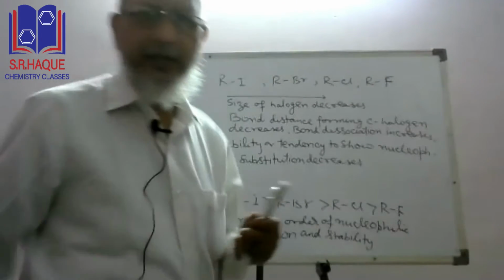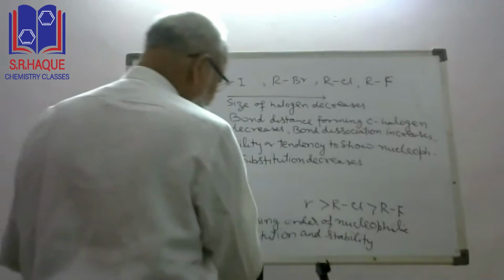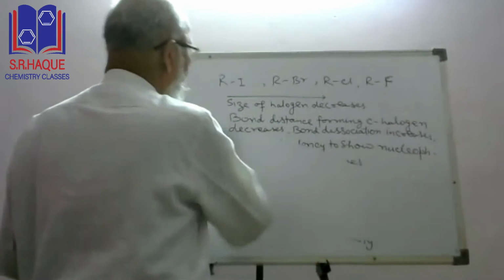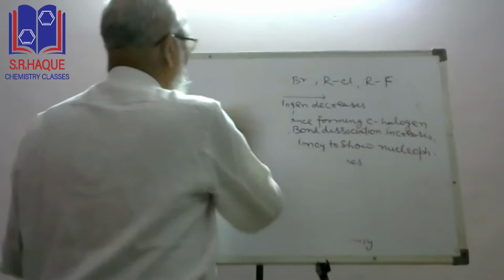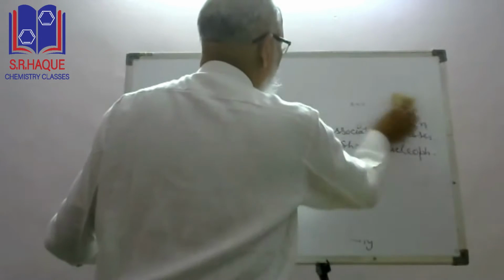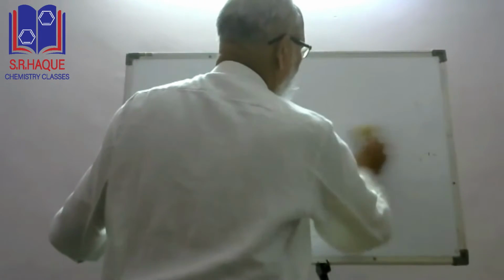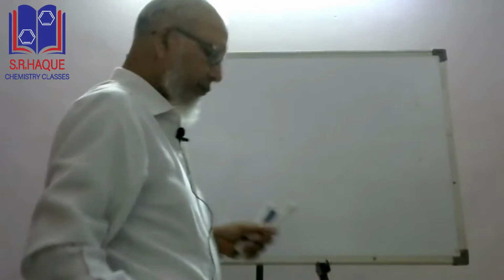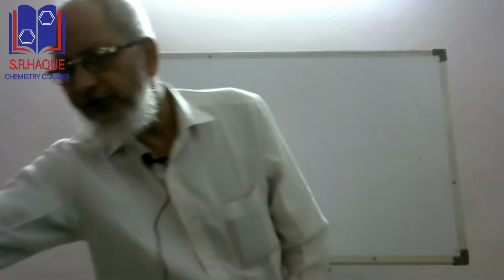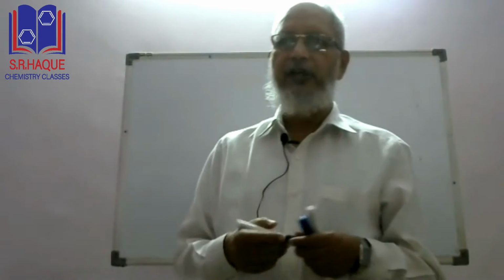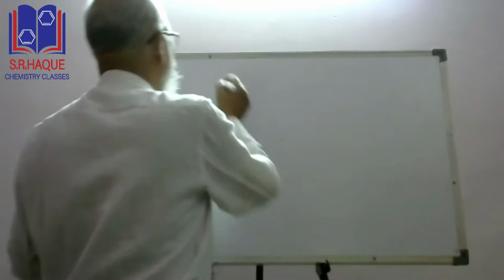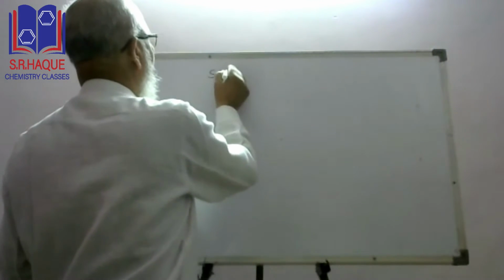Now let us take the case of primary, secondary and tertiary alkyl halides for the SN1 and SN2 reaction. As I have told you, there are two different types of nucleophilic substitution reaction. One is SN1 and other is SN2. So first of all, we shall take SN1.